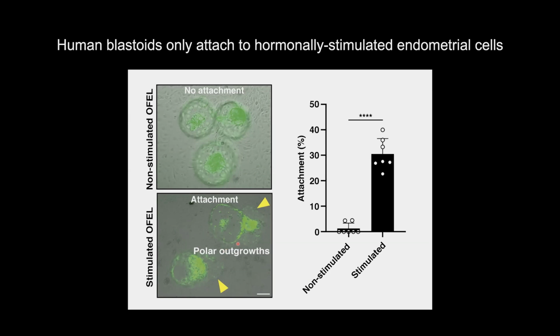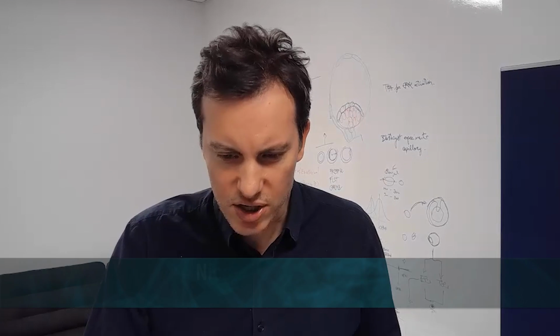You can see that more than 40% of the blastoids are attaching, and they start to grow on the polar side, on the side that is close to the epiblast. And this is exactly what you actually see during early human embryogenesis. So there is a very specific interaction happening between the blastoids and the hormonally stimulated endometrial cells.